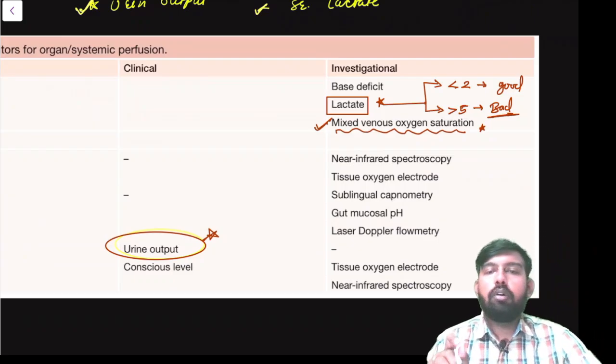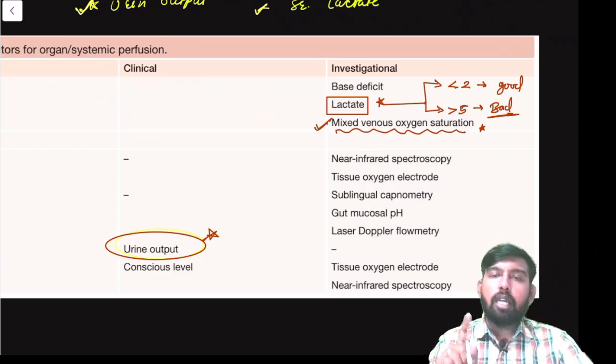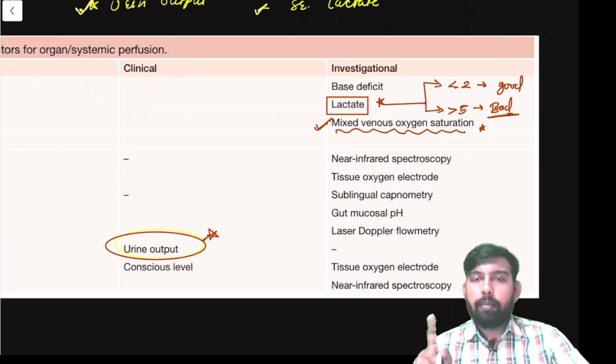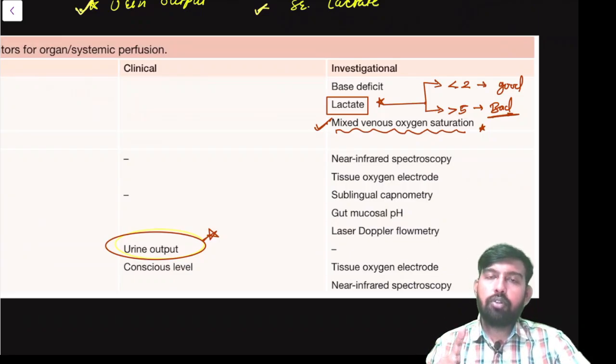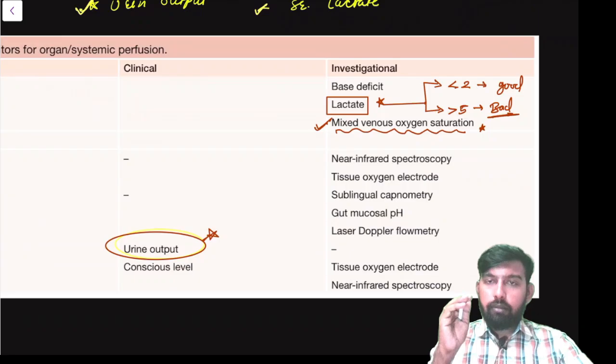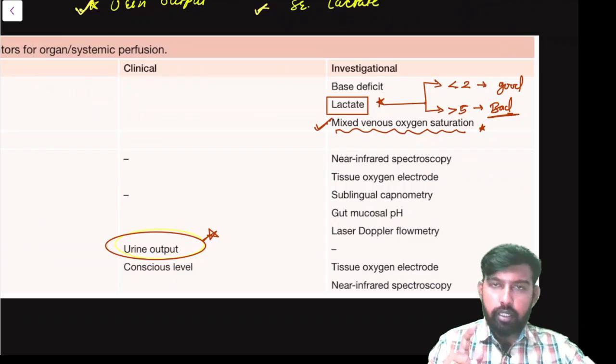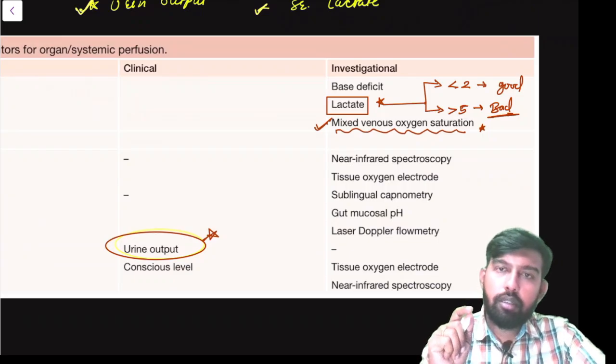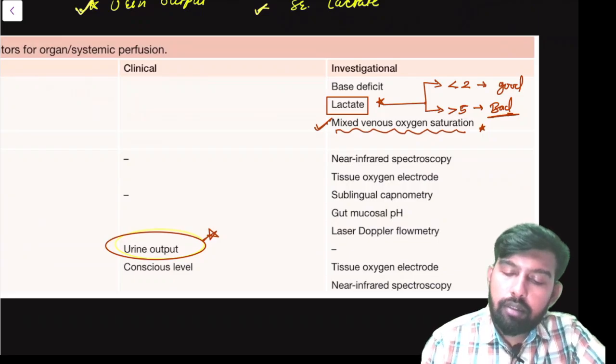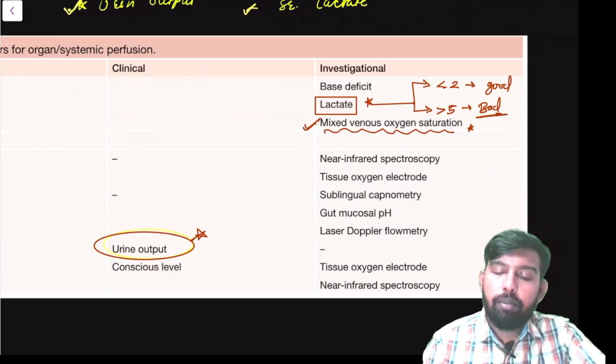So we have already seen the difference between the hypovolemic shock and the septic shock. In case of a hypovolemic shock, the mixed venous oxygen saturation is less than 50%, but in case of a septic shock, the mixed venous oxygen saturation is more than 70%.